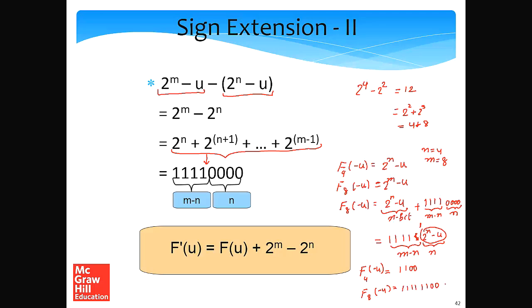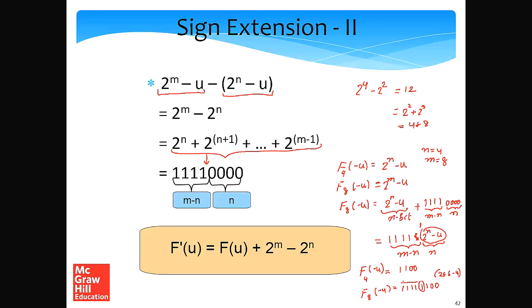The readers can manually verify that this is exactly what comes via another calculation, which is 256 minus 4. So this is also the representation of 252.